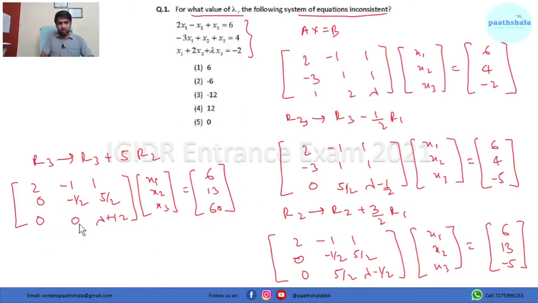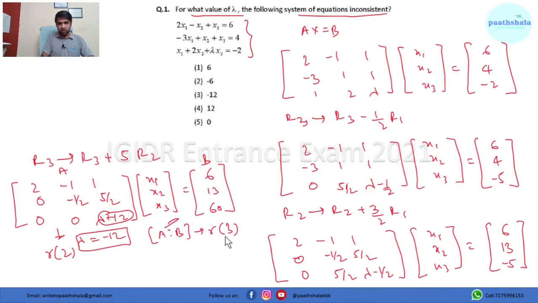Now this matrix is reduced to echelon form. Here you can see that the rank of the coefficient matrix is 2. If I take lambda equal to -12, the rank of the coefficient matrix is 2, while the rank of the augmented matrix, that is A colon B, is 3, because this is the A matrix and this is B. With lambda equal to -12, the third row of A becomes 0, so the number of non-zero rows in the augmented matrix is 3.